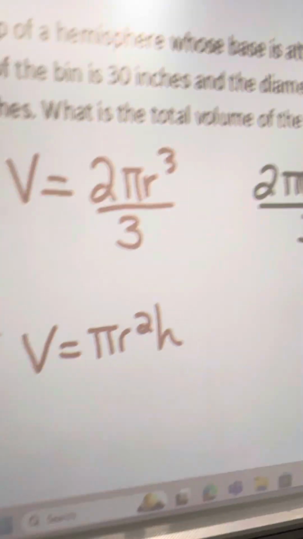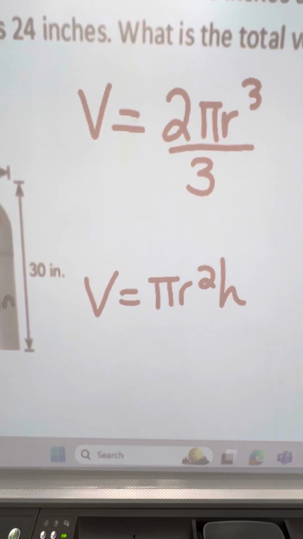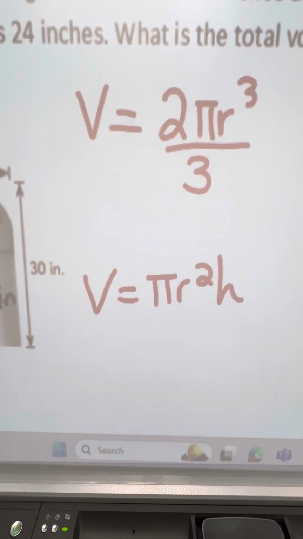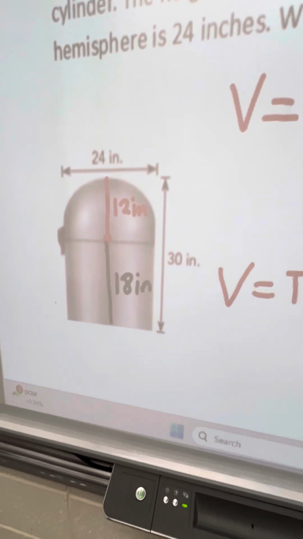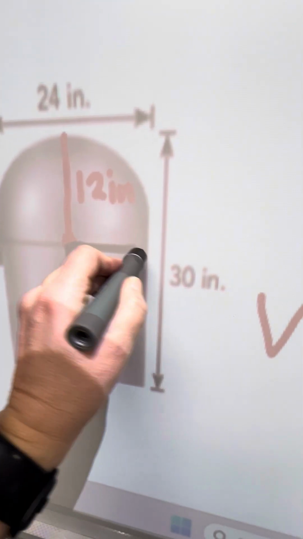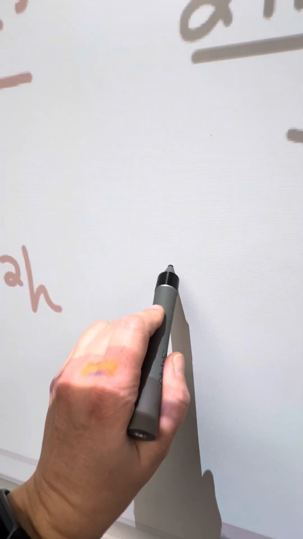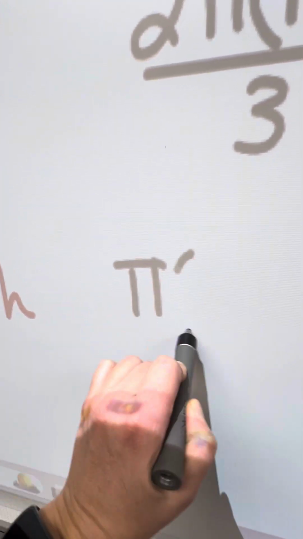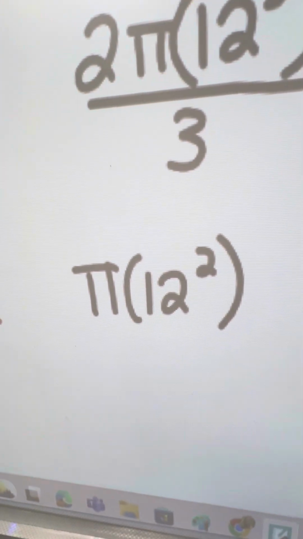And now we're going to work on the height of the cylinder as well as the radius. We already established what the radius was. The radius is 12. That goes for the cylinder as well because the radius would be from here to here, also being 12. So we are going to plug in here pi times my radius, which is 12. This time it's squared because we're talking about a cylinder.